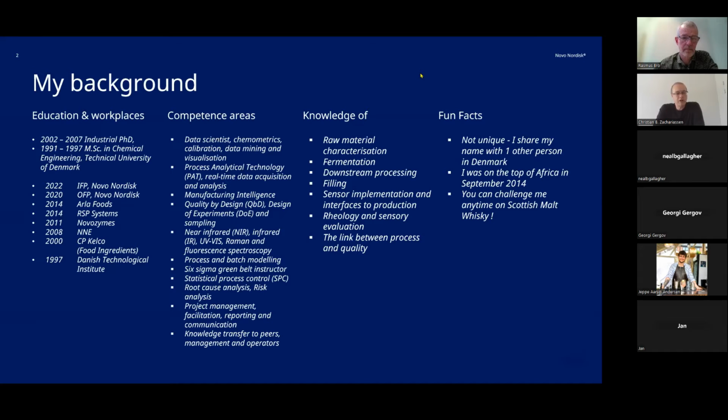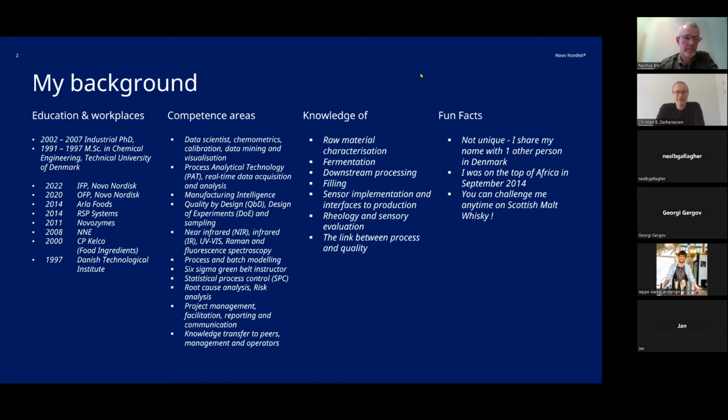And then I've been working in various food ingredients, consultancy, and biotech companies, also a short spell in the dairy business, before landing in Novo Nordisk in 2020.